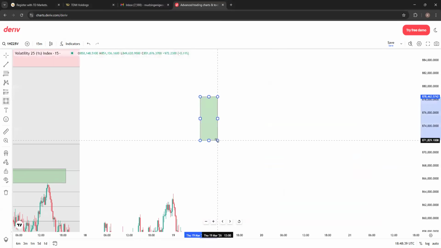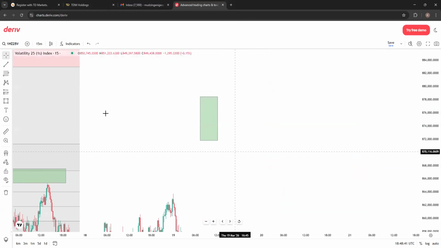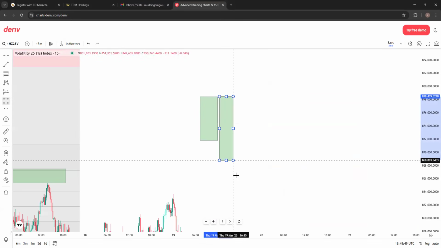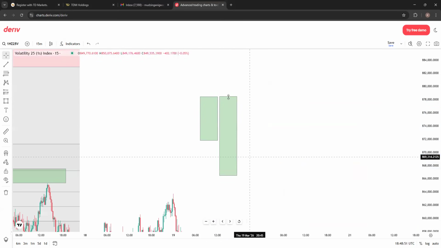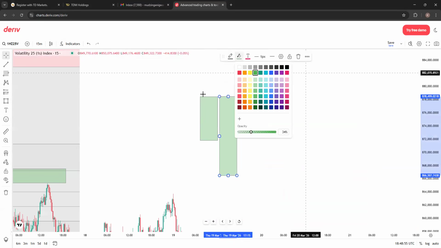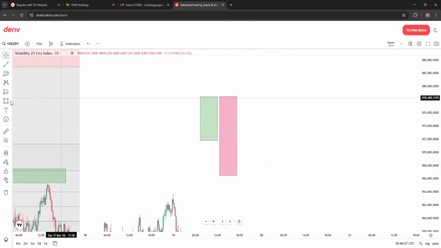People mark order blocks in a way that, let's say, this was our last buy before we sold, right? That was our last buy before we sold. And let's say we want to mark this OB. Let's change color. We want to mark this OB over here. What do we usually do?